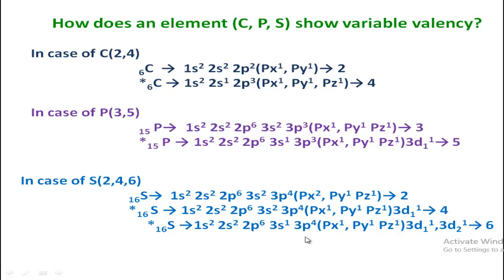So its valency is also 6. In this way sulfur shows different valencies, 2, 4, 6. So when a question like this comes, how does phosphorus show variable valency, you have to explain like this.